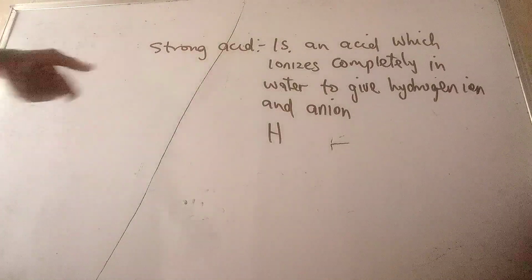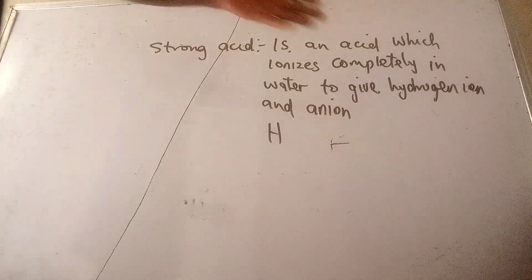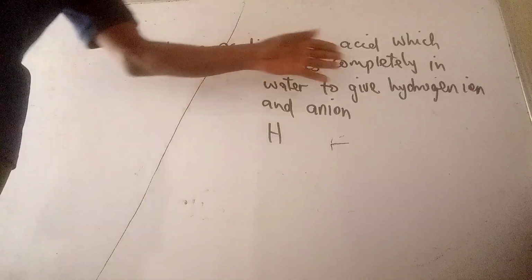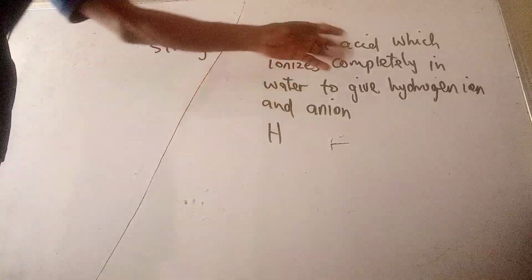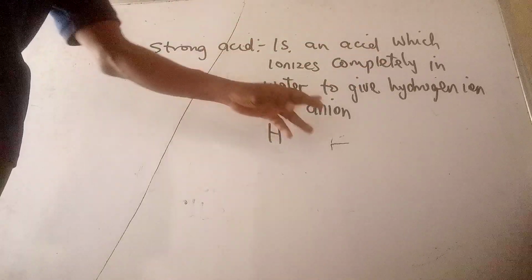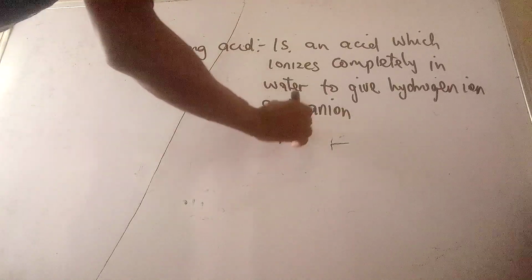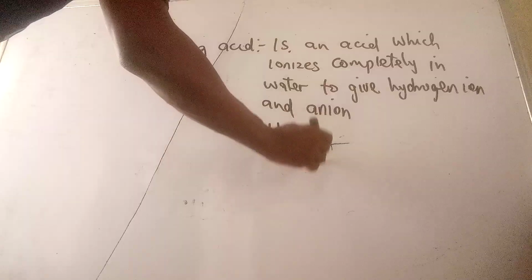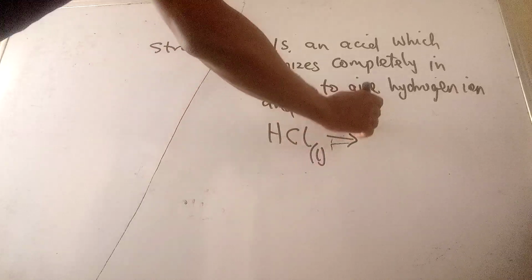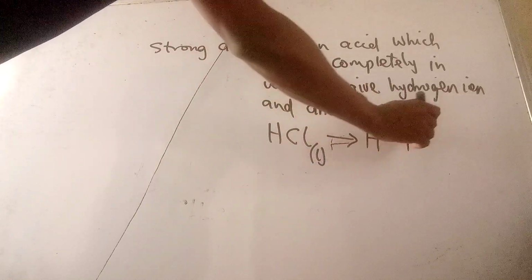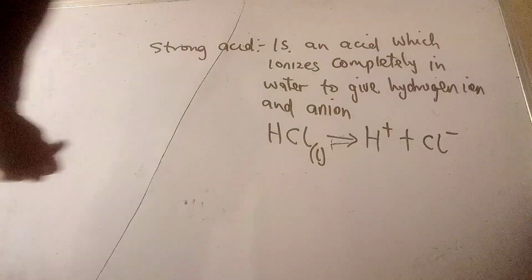A strong acid is defined as an acid which ionizes completely in water to give hydrogen ion and anion. For example, hydrochloric acid. When it ionizes, it becomes hydrogen ion and chloride ion.